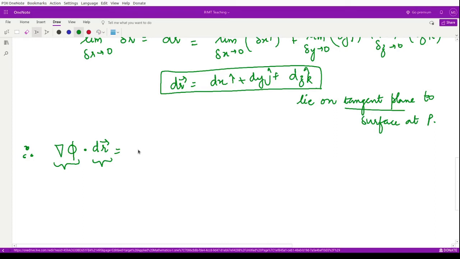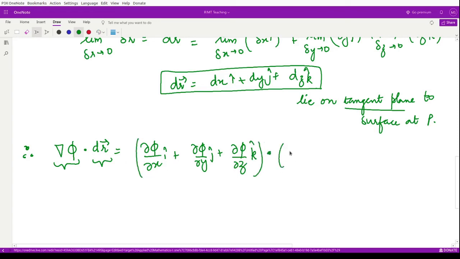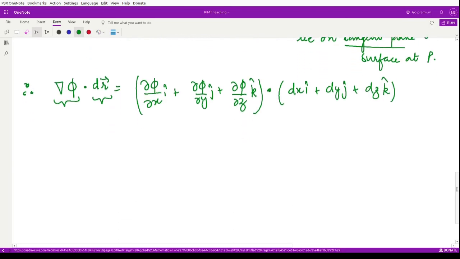So for del phi we know this definition. This is del phi by del x i cap plus del phi by del y j cap plus del phi by del z k cap. So this represents your gradient of phi dot product with dr. And what is dr? dx i cap plus dy j cap plus dz k cap. And now you know how you can perform this dot product.